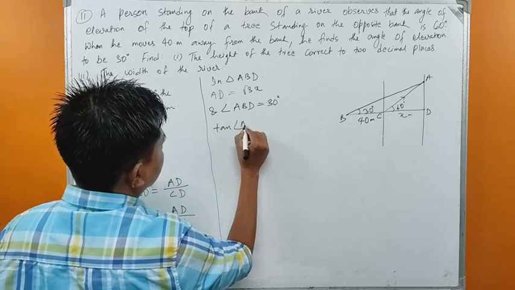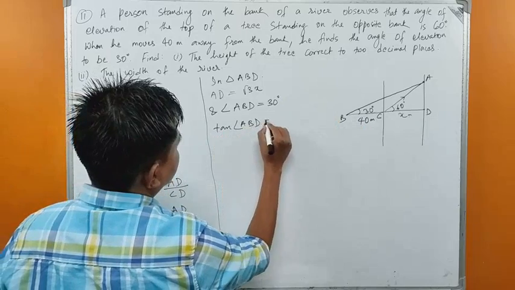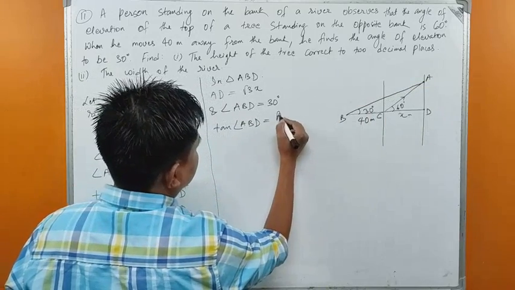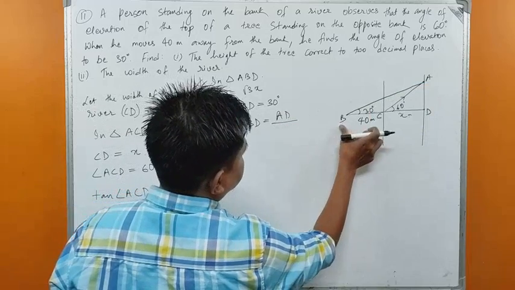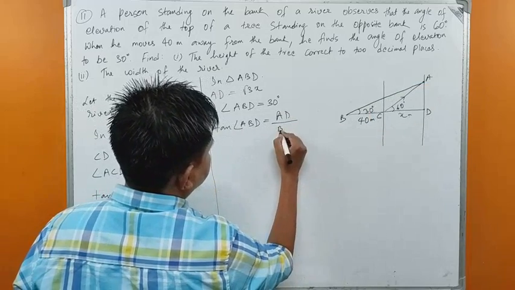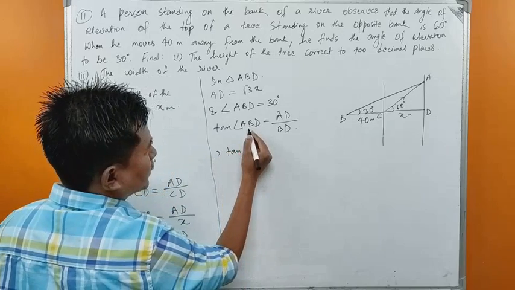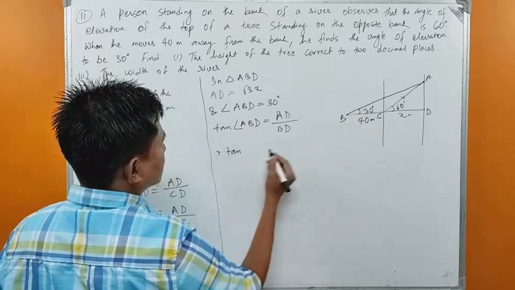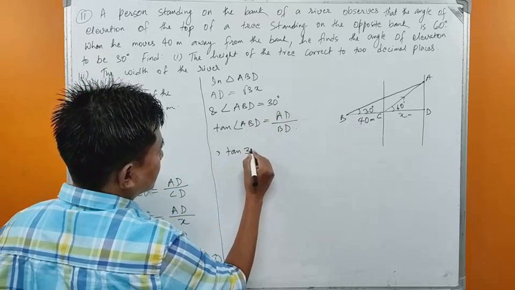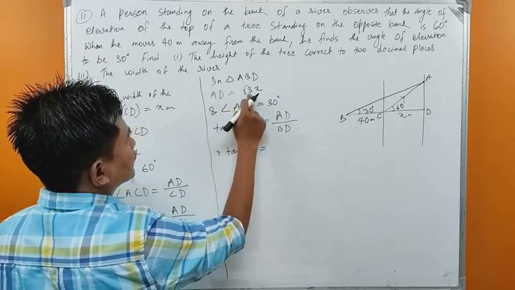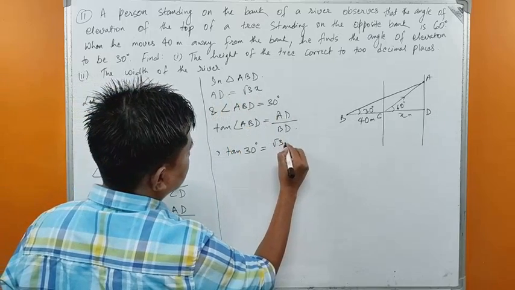Tan of angle ABD equals perpendicular AD by base BD. So tan 30 degrees equals AD by BD. We put the value of AD, root 3x, from equation 1.